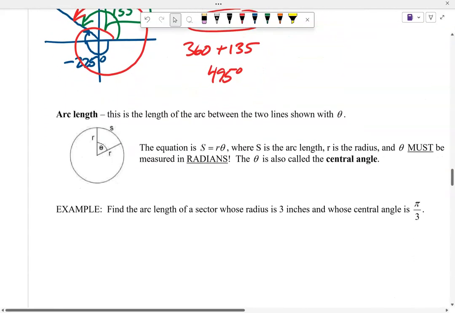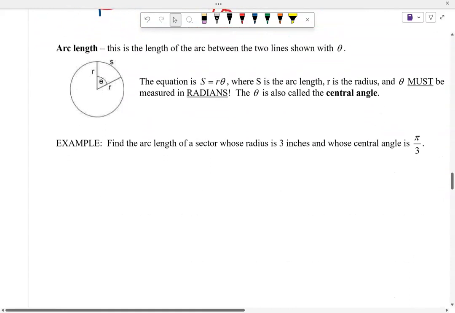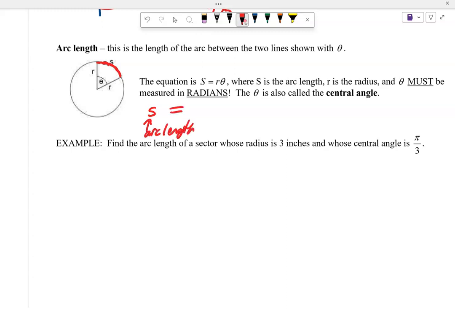All right, arc length. Let's talk about arc length for a minute. Arc length, this length of that, I know it's curved, but the length of that, if you were able to have kind of a curved ruler, if you will, like a measuring tape, that arc length is equal to the radius of the circle times theta.